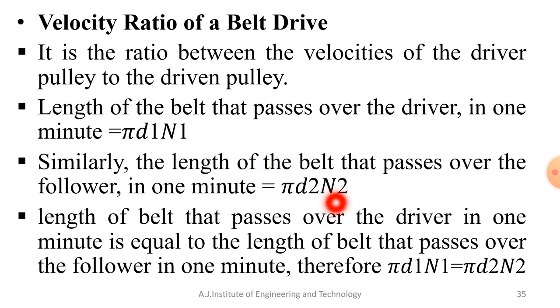Here n1 and n2 are speeds in rpm, that is revolutions per minute. The length of the belt that passes over the driver in 1 minute is always equal to the length of the belt that passes over the follower in 1 minute. Therefore pi d1 n1 is equal to pi d2 n2. This is one of the important equations.